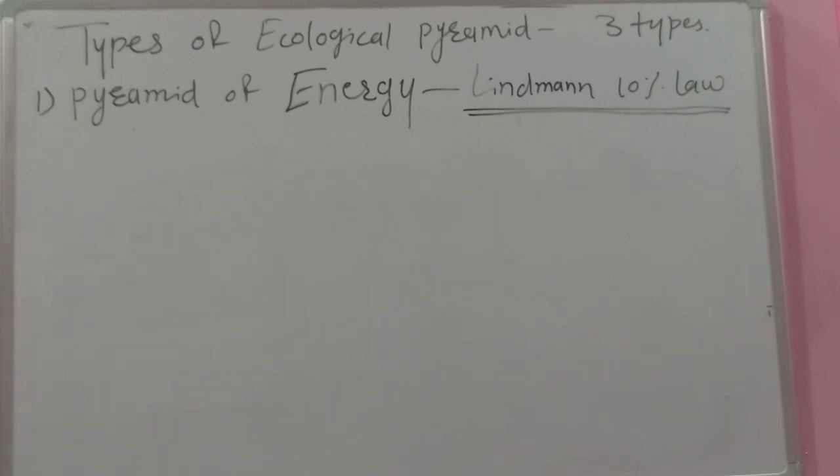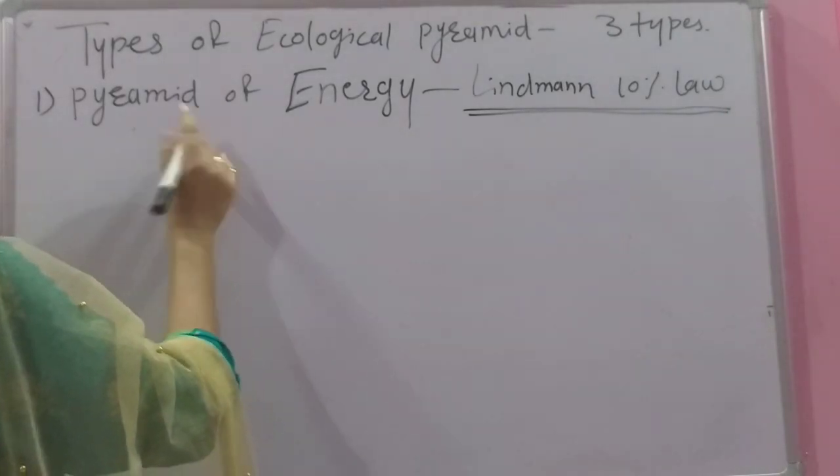This Lindemann 10% law describes that the energy transfer from one organism to another organism, or from one trophic level to another trophic level, is only 10%.